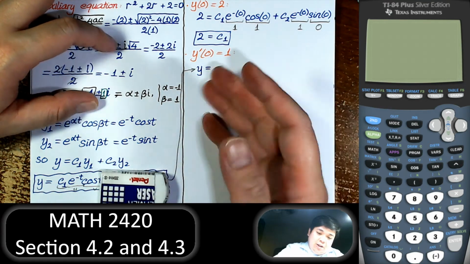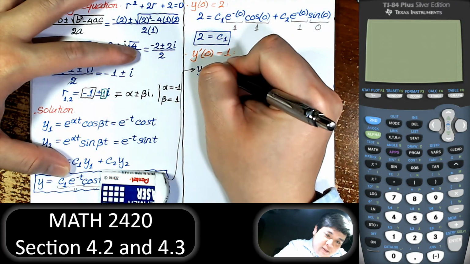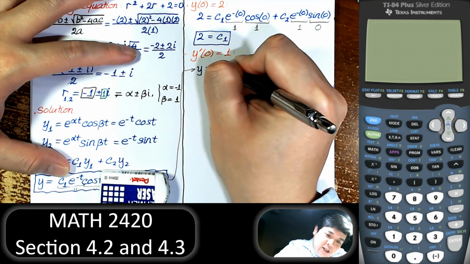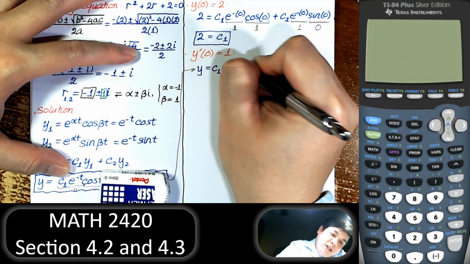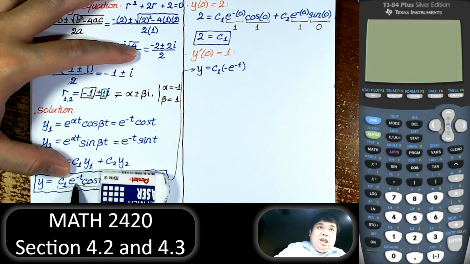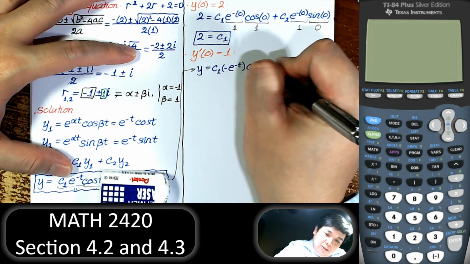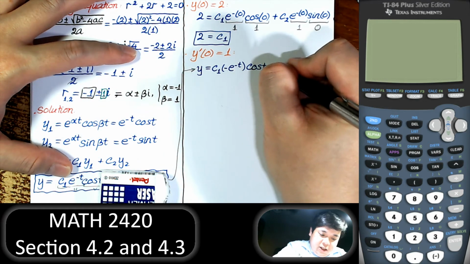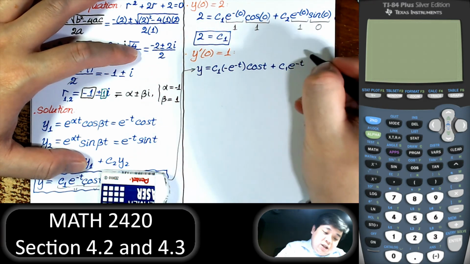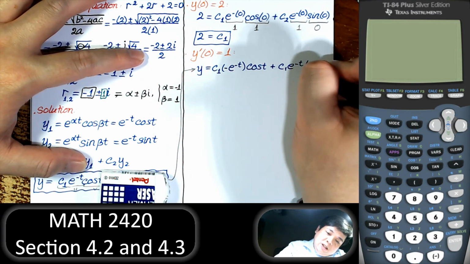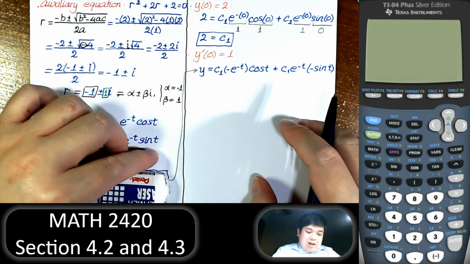So for the first one, u prime: c1 negative e to negative t, that is the derivative of e to negative t, and then cosine of t, and then plus c1 e to negative t, derivative of cosine is negative sine. That's the first term.